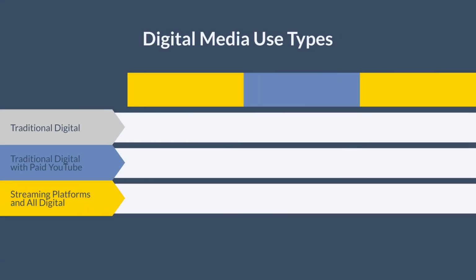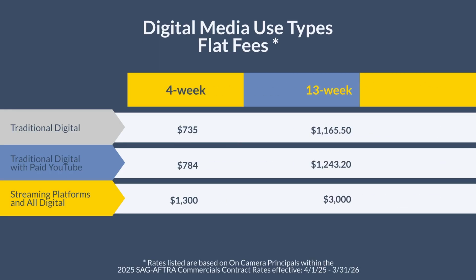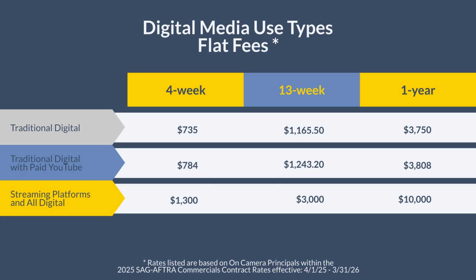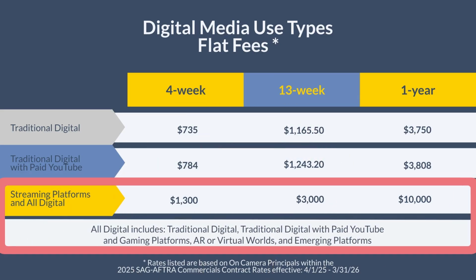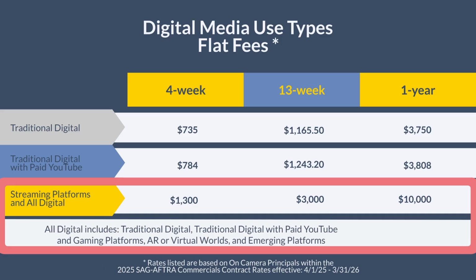In terms of payment for digital use, each media type has flat fees per the 4-week, 13-week, and 1-year cycles. When advertisers pay for streaming, all other digital use types, including traditional digital with paid YouTube, and gaming platforms, AR or virtual worlds, and emerging platforms are automatically included.